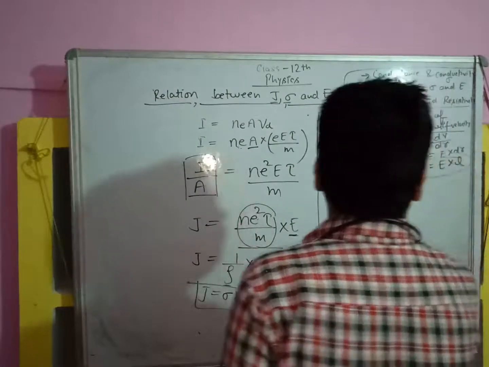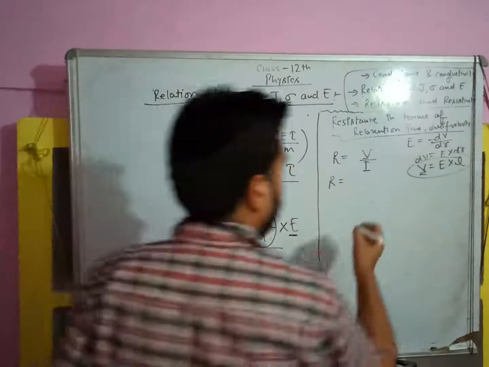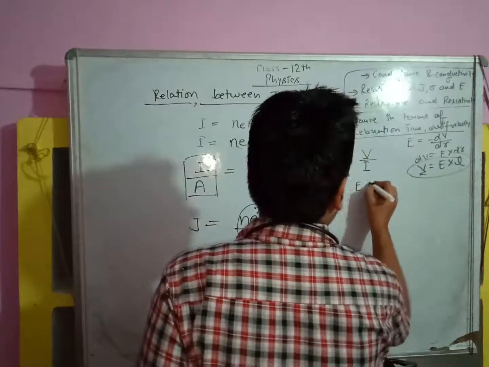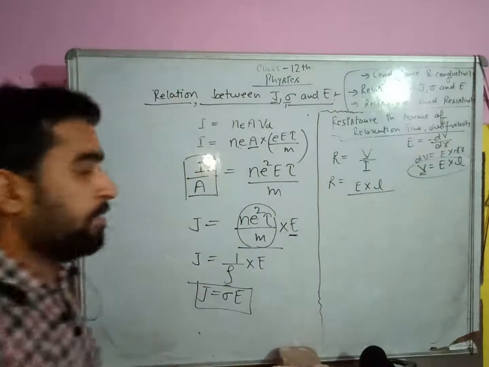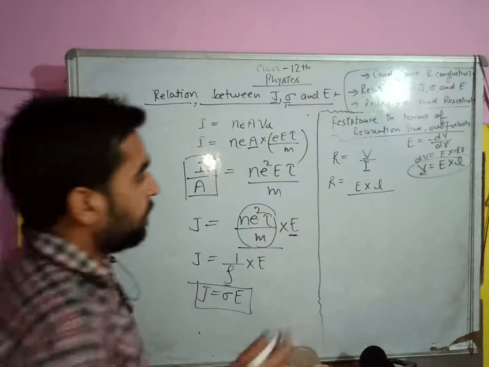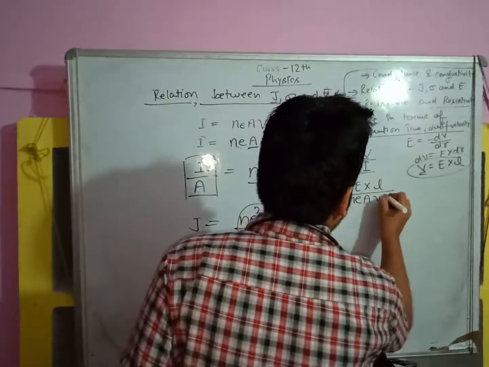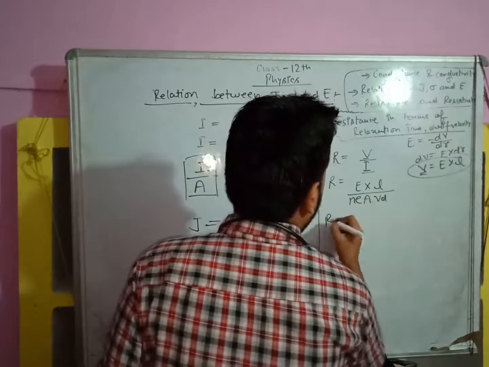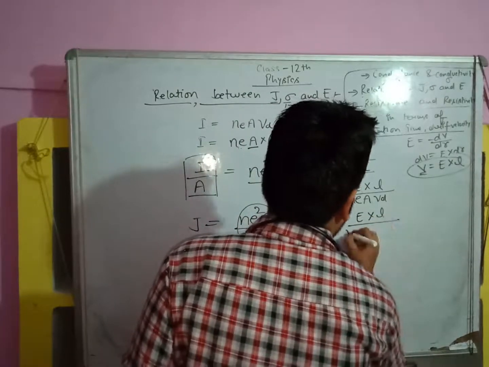So in place of V, we can write E into L, and this is the numerator upon current. In place of current, as from my previous lecture, we can write nEAv_d. So R is equal to EL upon nEAv_d.